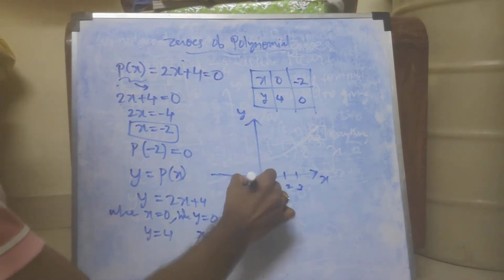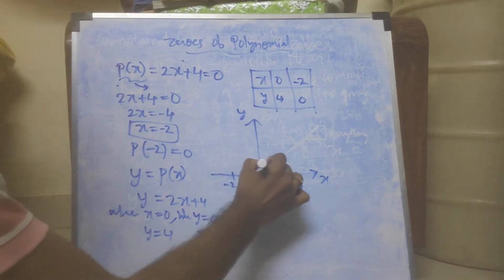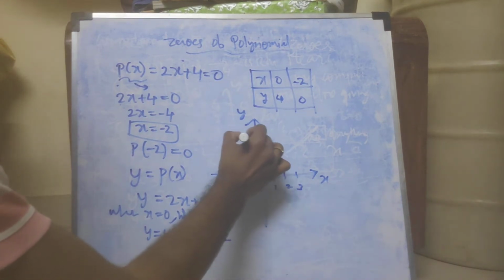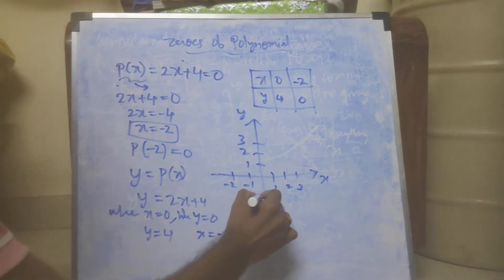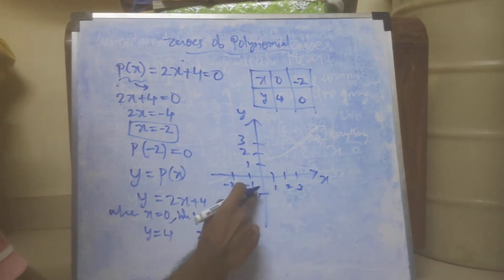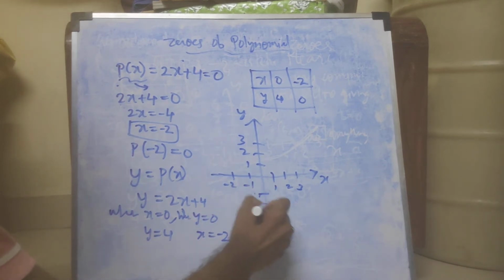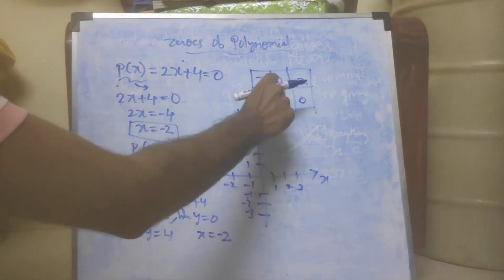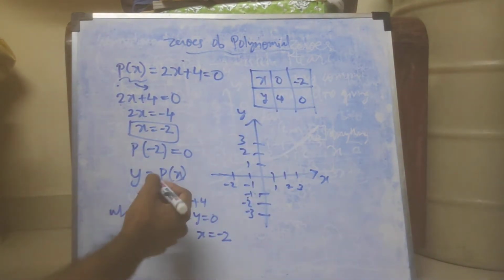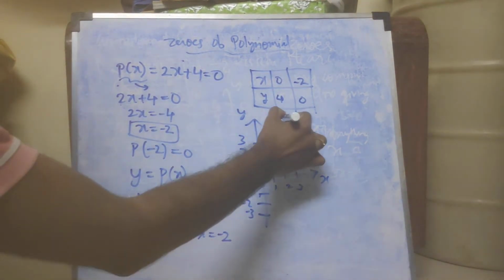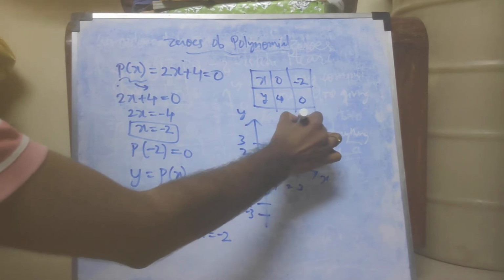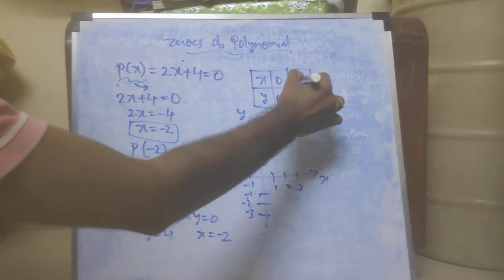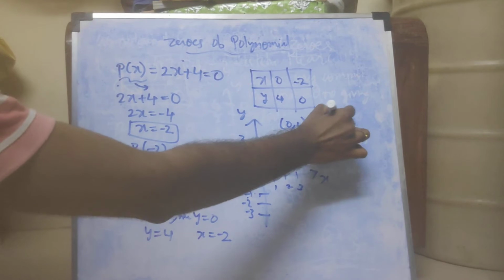Now let's see how we'll plot this. When x is 0, then y is 4. That point is represented as 0 comma 4, and the other point is minus 2 comma 0.